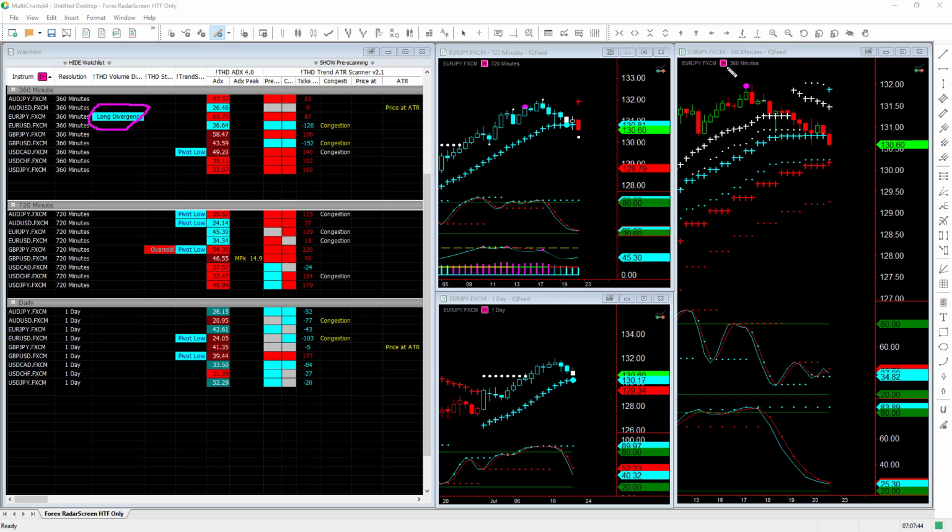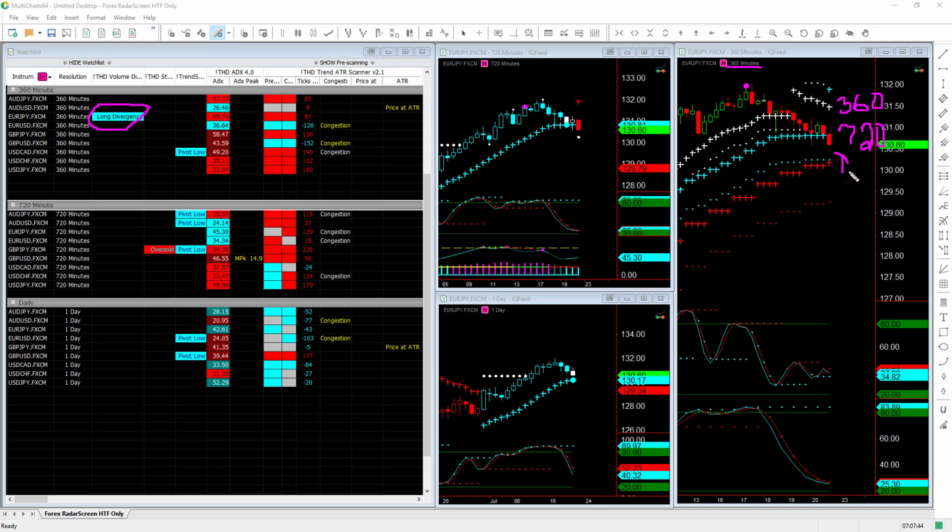Now over on the 360-minute time frame, you can see I have the Traders Help Desk ATR support and resistance indicator. In this case, the white is representative of the 360, the blue represents the 720, and the red shows the daily.